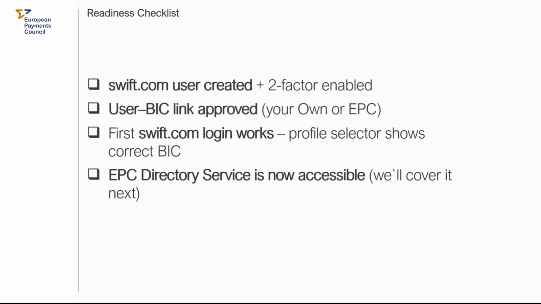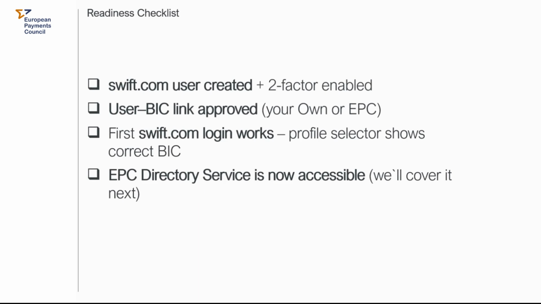Lastly, in this section, we're going to confirm your readiness to access the EDS graphical user interface. So, is your Swift.com user created, and do you have two-factor authentication enabled? Is the user to BIC link approved, whether your own institution or the EPC?